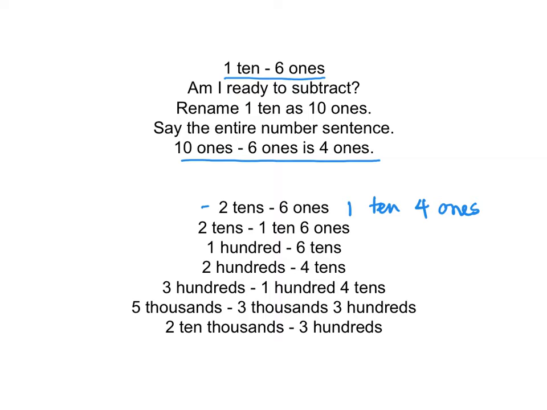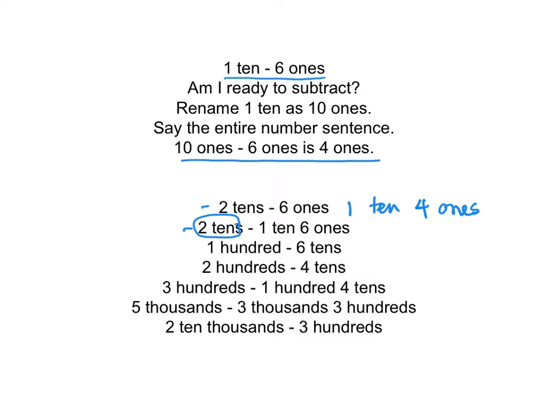The next one says we're starting here with 2 tens minus 1 ten, 6 ones. So I think we're going to keep one of those tens. We'll keep 1 ten and we'll turn the other ten of these two right here into 10 ones. So instead of saying 2 tens, we'll say 1 ten, 10 ones minus 1 ten, 6 ones.